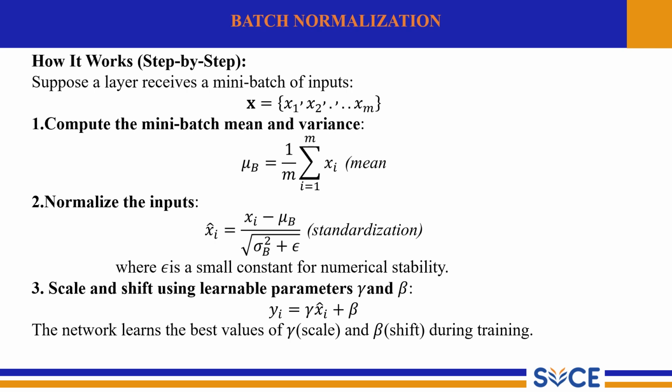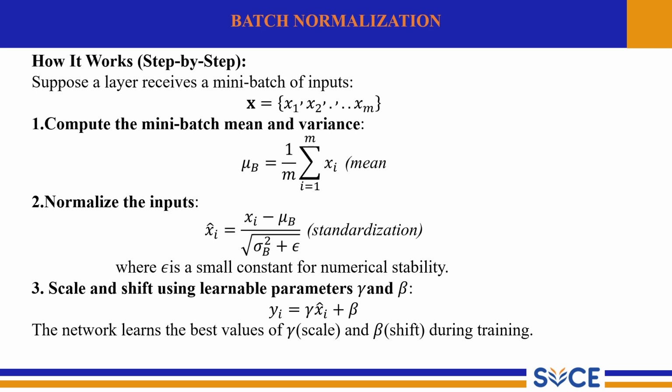So it is the standardization. Here sigma_B squared is the batch variance and epsilon is a small constant added for numerical stability. This ensures the inputs have zero mean and unit variance.